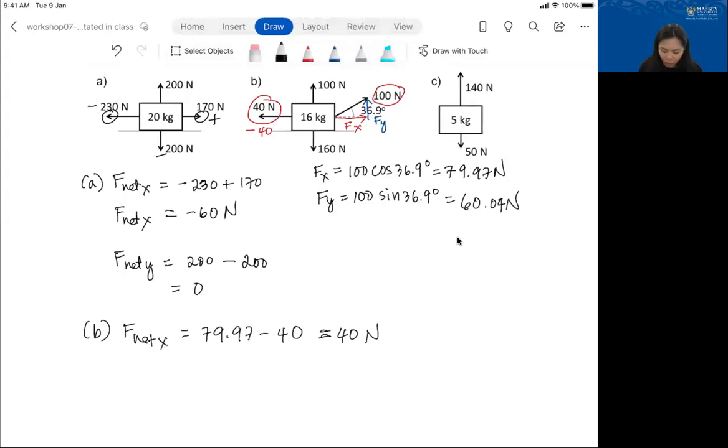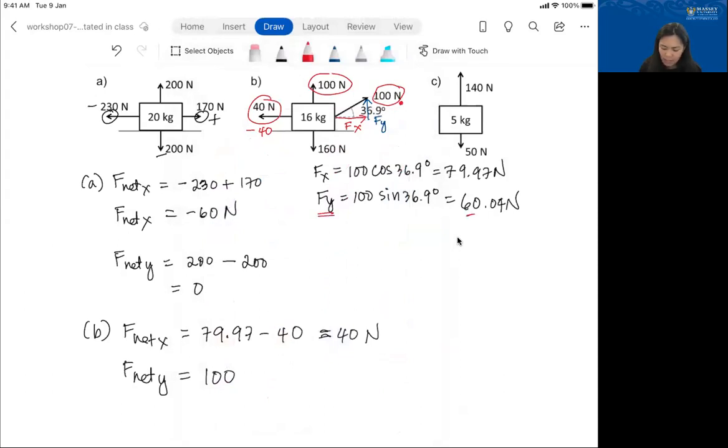Right? And then for the vertical component, F net Y, you have this 100 Newton force that's upwards. And then you have another force that is the Y component of this 100 Newton force, which is also directed upwards.